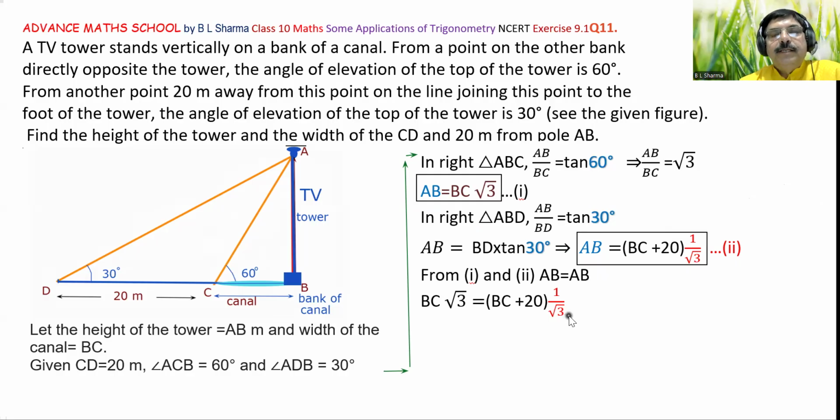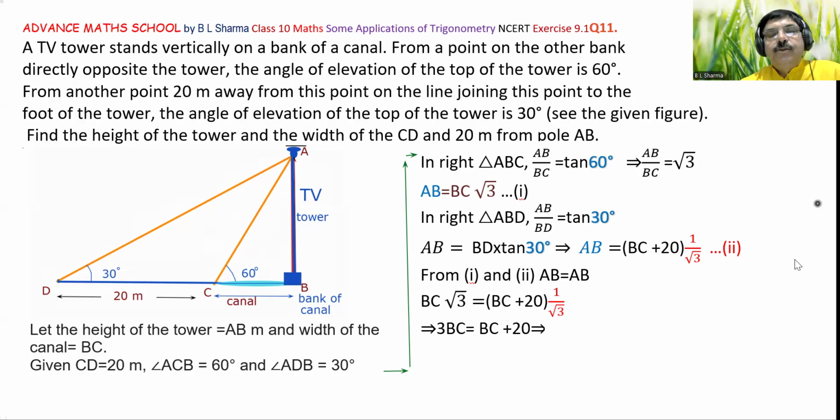Now cross multiplication, root 3 into root 3, 3BC is equal to BC plus 20. BC को लेफ्ट में ले जाइए, so twice of BC is equal to 20, so BC is equal to 10 meter.